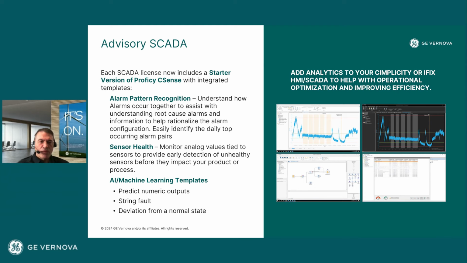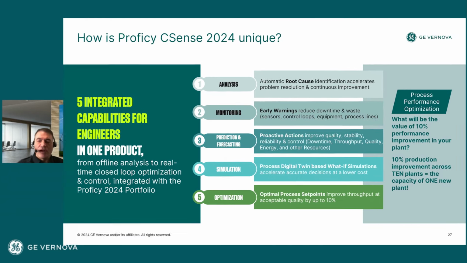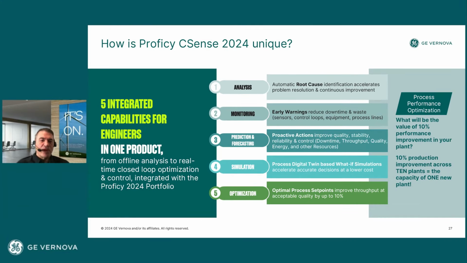And just a few key highlights on our CSense product that really is the enabler. The idea here is that it does let you do some analysis on data, monitor data to provide early warnings of potential upcoming problems, and ultimately start doing more predictive analysis or forecasting on not just the things I mentioned, but even on any of the data that you might be collecting from your process.